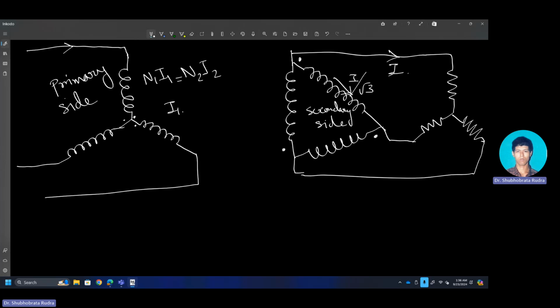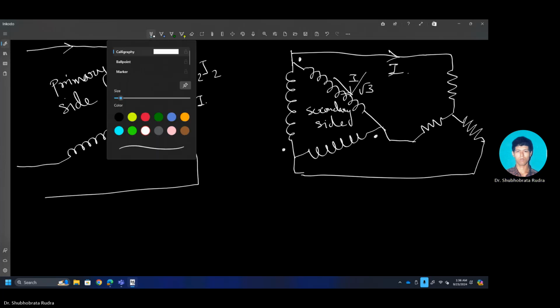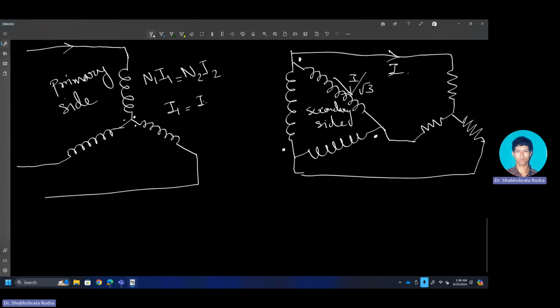That gives me I1 is equal to N2 by N1 times I2. Here, what is my I2? My I2 is I by root 3. So that is my I1. Correct.